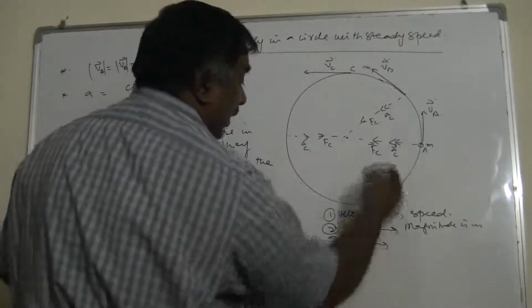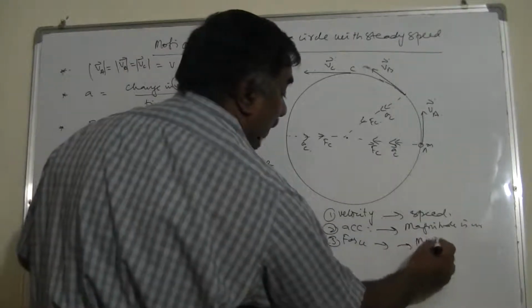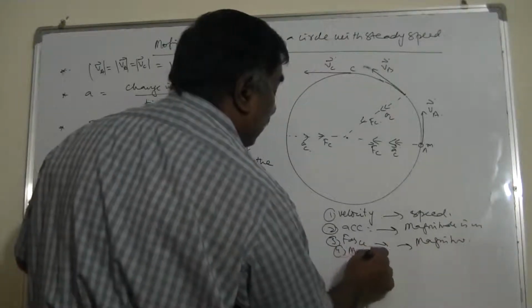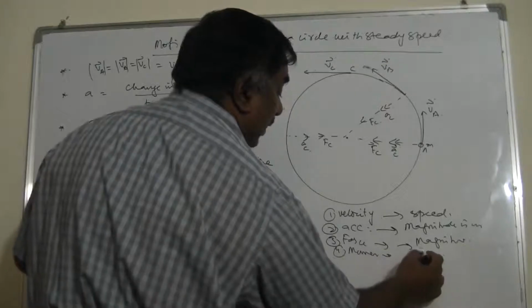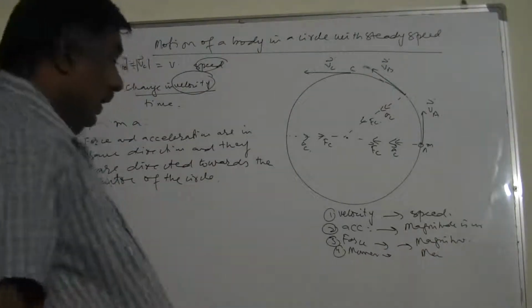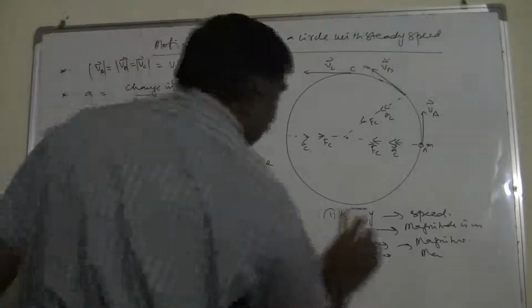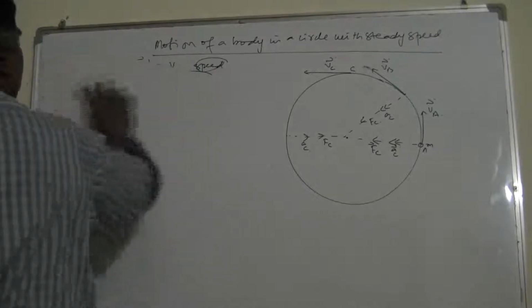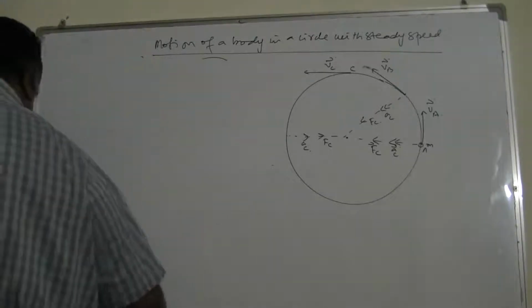Force changes due to change in direction, but its magnitude remains constant. Similarly, momentum changes, but its magnitude remains constant. So there are 4 quantities: velocity, acceleration, force, and momentum. They all change only due to change in direction, but their magnitude remains constant everywhere.